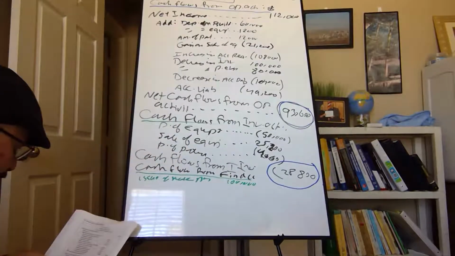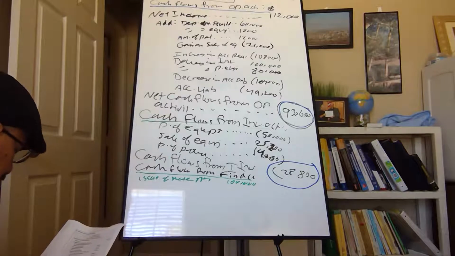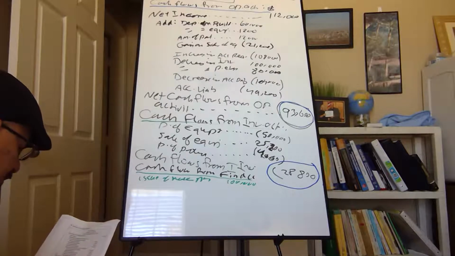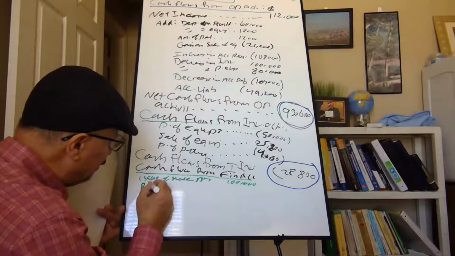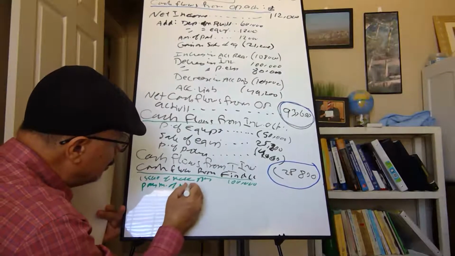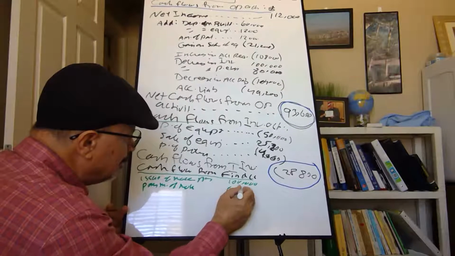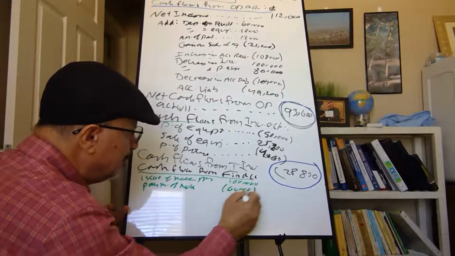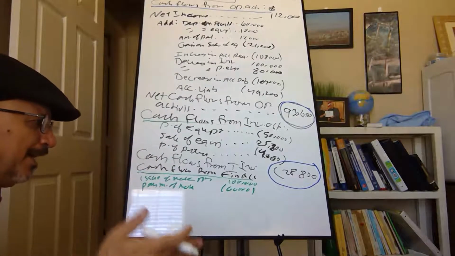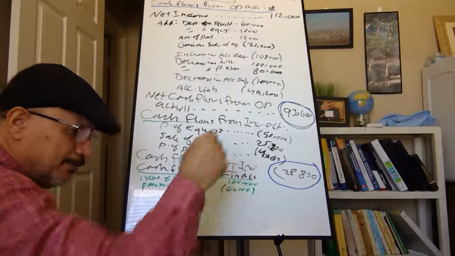Okay, we have payment of notes, $60,000. Payment of note, $60,000 negative, because remember, we add the increases, we subtract the decreases.